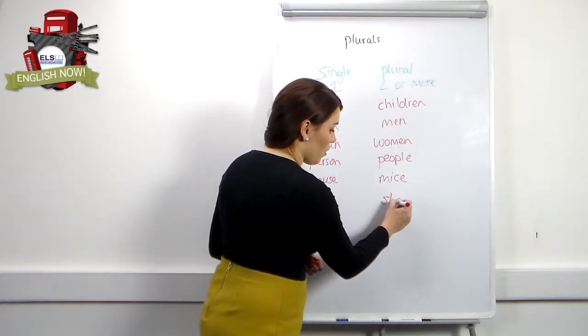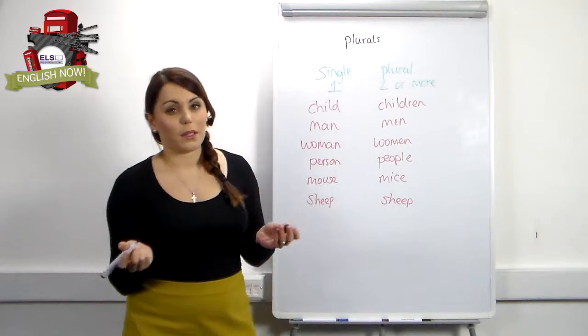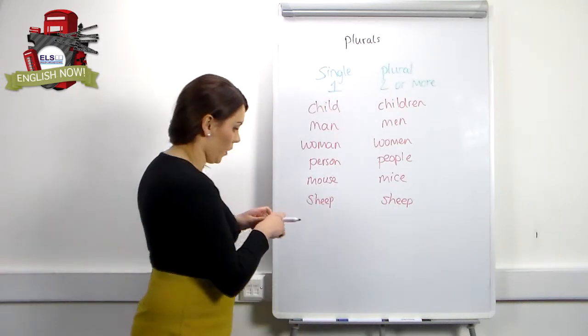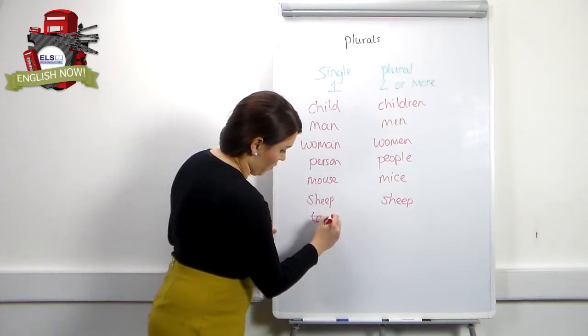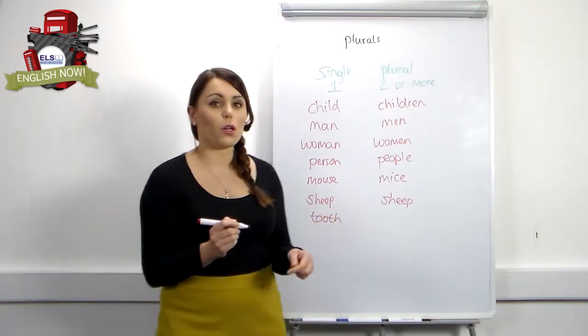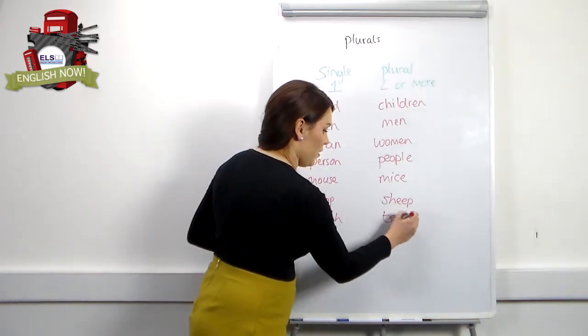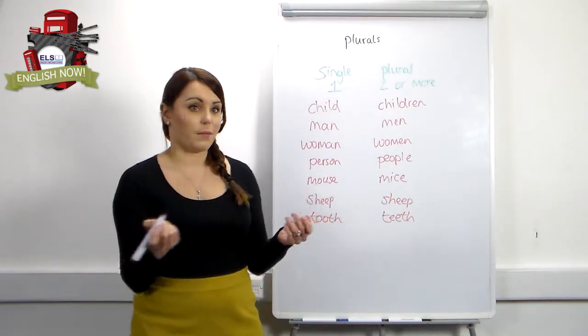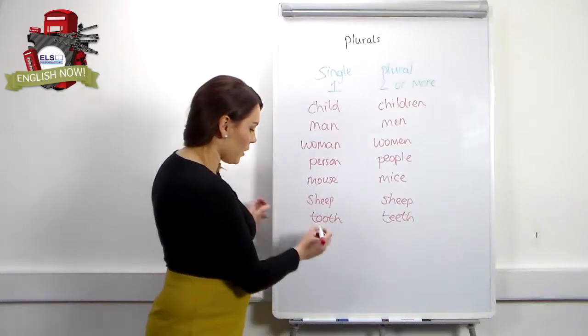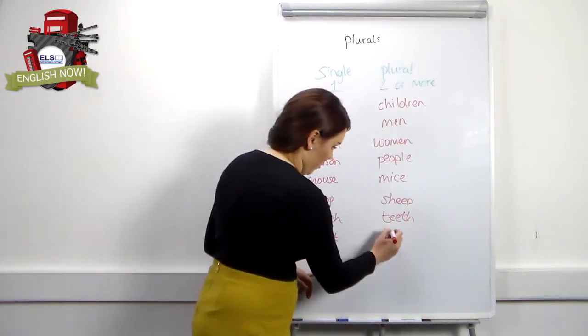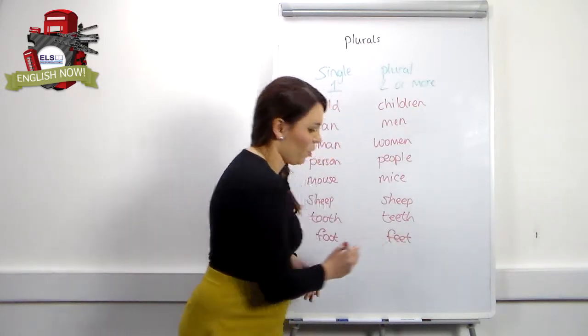One sheep or two sheep, not two sheeps, two sheep. Tooth, one tooth, two teeth. The last one, one foot, two feet.